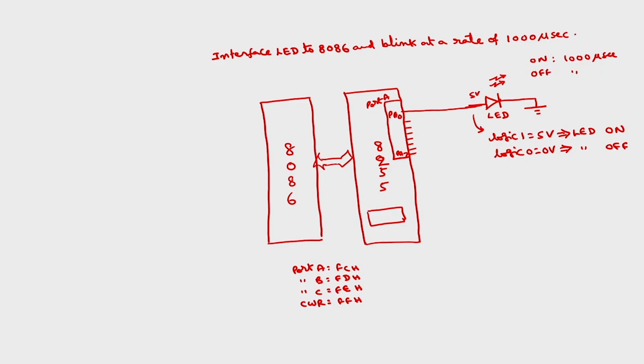Okay. For that, the very first step, in order to connect any input output device, is to set the control register to meet the requirements. So what is the requirement here? Out of the 3 ports we are using port A only, and in port A also I am using a single bit, so you can use bit set reset mode also. Okay. But if you want to use IO mode, you have to set port A as an output port.